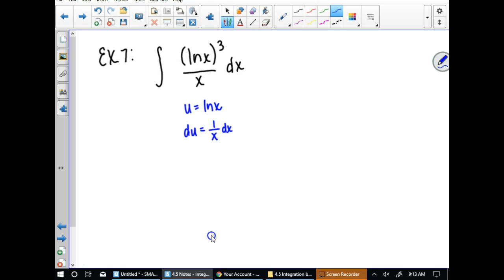If you see that natural log, that's typically, not always, but typically going to be your u in that case. So this natural log of x, that's our u. And then this part right here is your 1 over x dx. So that's your du. So we end up with the integral of u to the third.